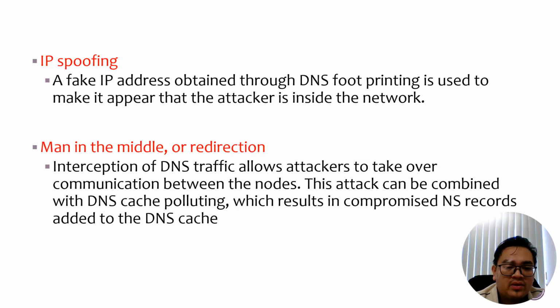IP spoofing: when a fake address obtained through DNS footprinting is used to make the attacker appear to be inside the network. And man in the middle: interception of DNS traffic that allows the attacker to take over the communication between nodes. This attack can be combined with DNS cache poisoning, which results in compromised data being added to the DNS cache.